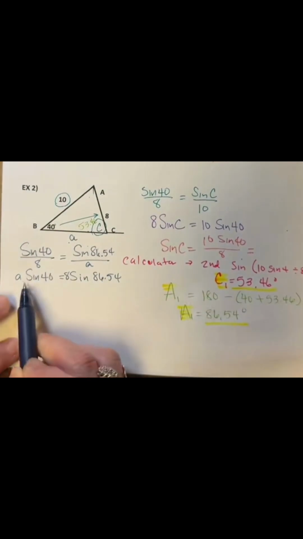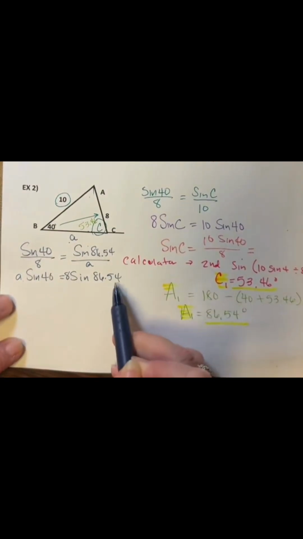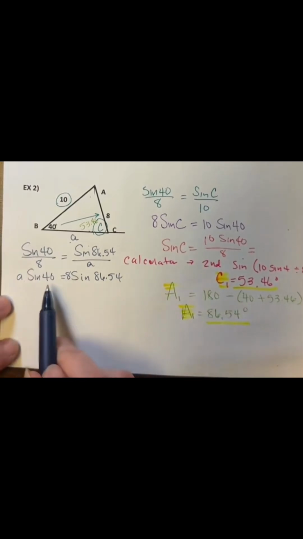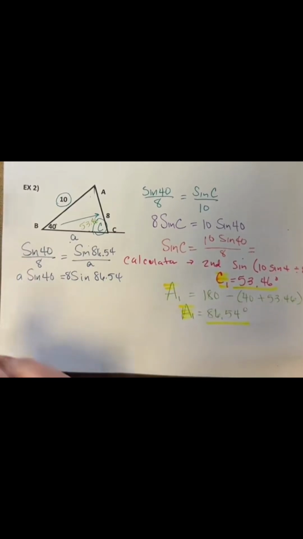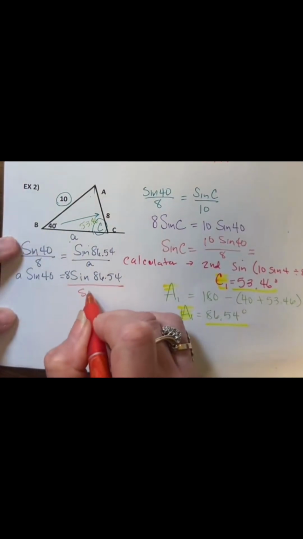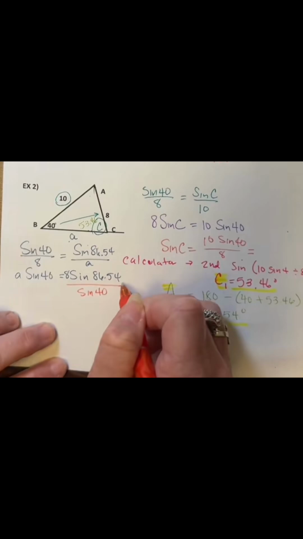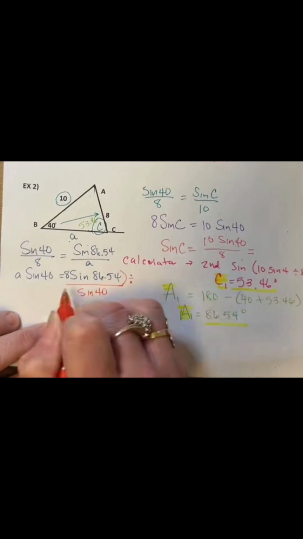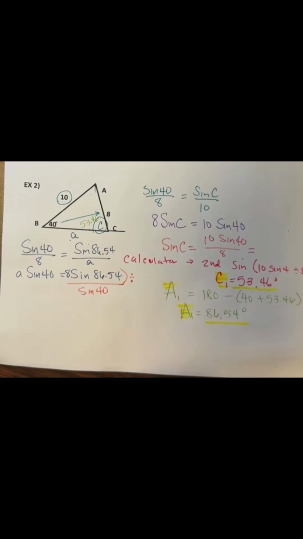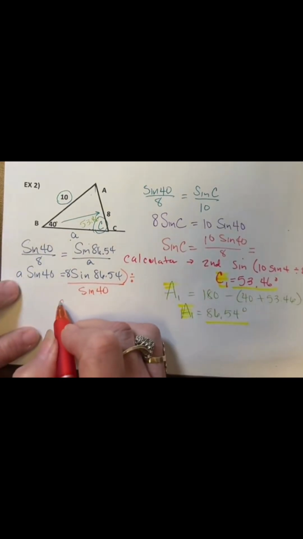I always put the number in front, because then you don't have to close the parentheses at the end of the trig function. Divide by sine 40. Put that in the calculator. Remember to either close the parentheses, divided by, or hit enter divided by. And little a is going to be 13.46.